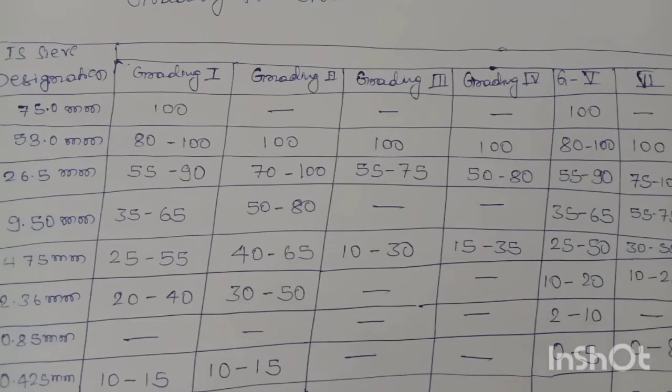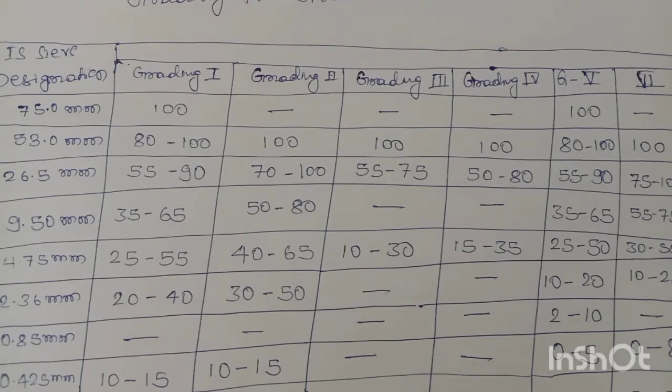For 26.5 mm, grading 1 55 to 90%, grading 2 70 to 100%, grading 3 55 to 75%, grading 4 50 to 80%, grading 5 55 to 90%, grading 6 75 to 100%.